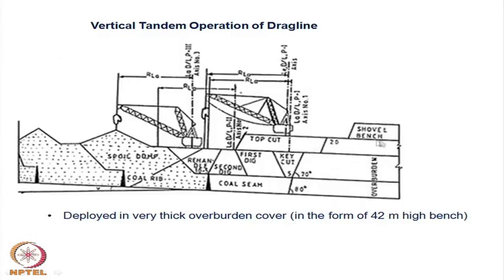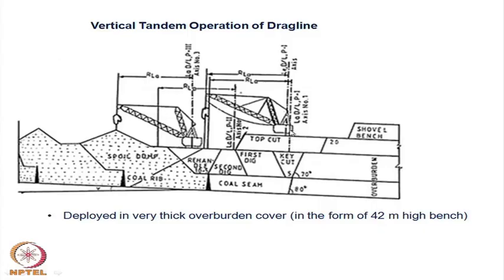Now, there is a pre-benching done to reduce the thickness of the overburden, where a shovel and dumpers are used. The shovel and dumper will be removing this top layer, so we are left with these 2 benches.